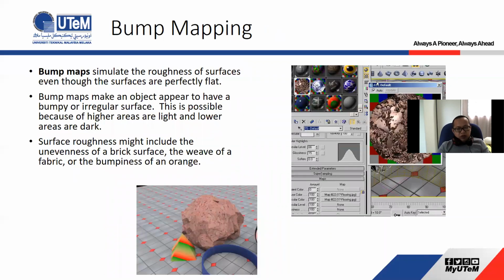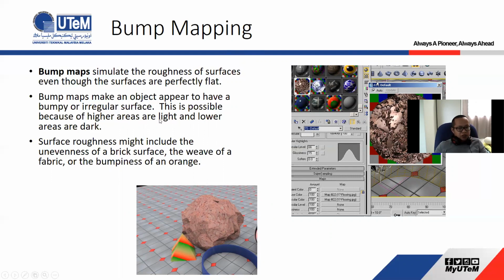And this is a kind of material bumping. Bumps may simulate the roughness of a surface even though the surface is perfectly flat. Bumps make an object appear to have a bumpy or irregular surface.